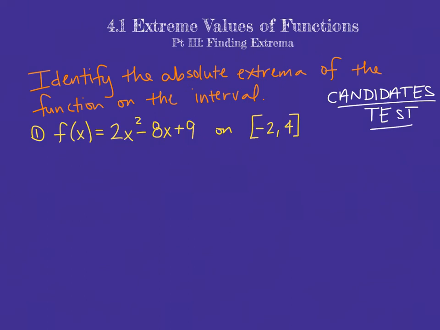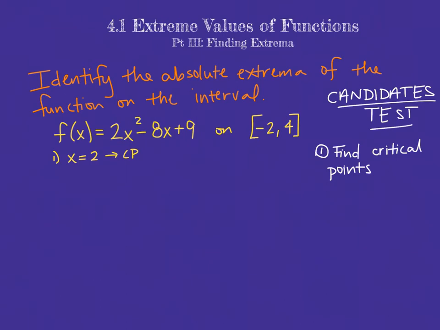The first step of the candidates test, which is going to find the absolute extrema on an interval, is to identify all the critical points. We have already identified that there is actually only one critical point here, and that is x equals 2.